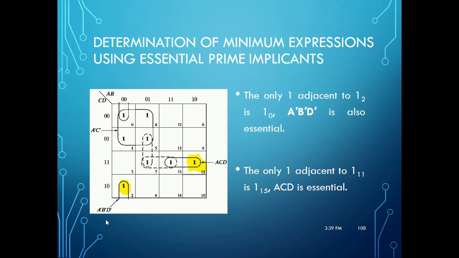Okay, what is the term here? ACD, A bar B bar D bar, and also A bar C bar. Here in this case we have taken M2 to explain the essential min term, and next here M11 as a min term to select the essential prime implicant, that is ACD.